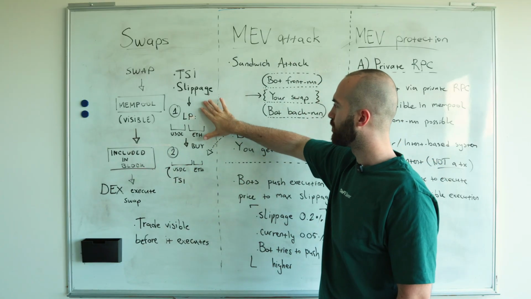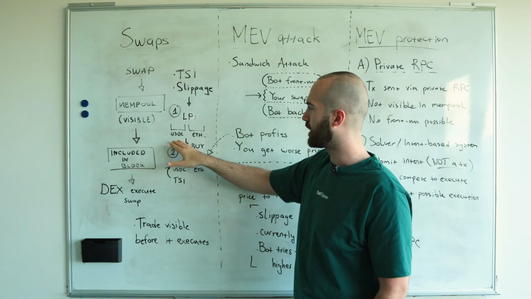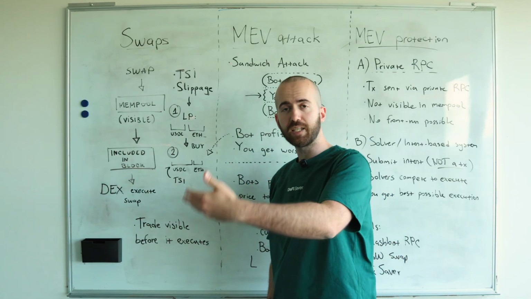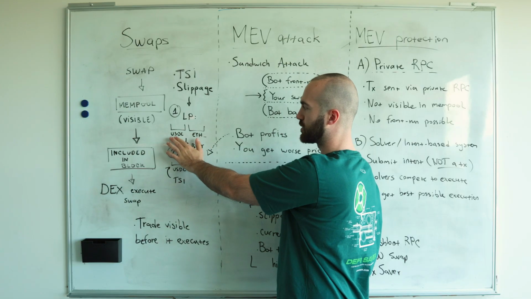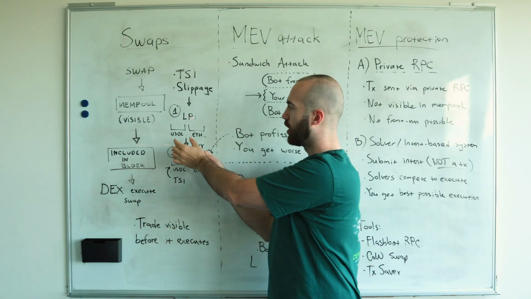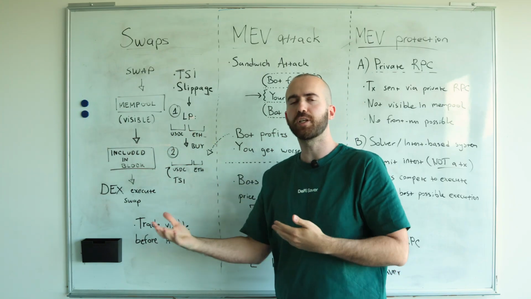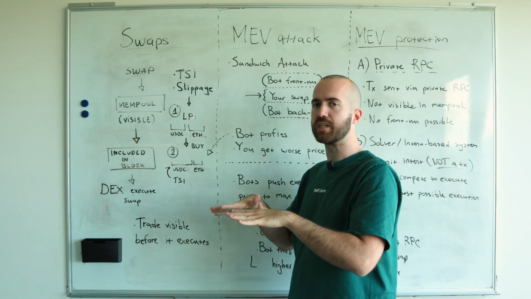So think of it this way. When you perform a swap, you're interacting with a liquidity pool that has two assets. For example, if we want to buy ETH for USDC, we're going to interact with the pool that has USDC and ETH. And of course, the more USDC and the less ETH is in this pool, the pricier ETH is going to be, because the pool needs to make sure that it has a balance of these assets.